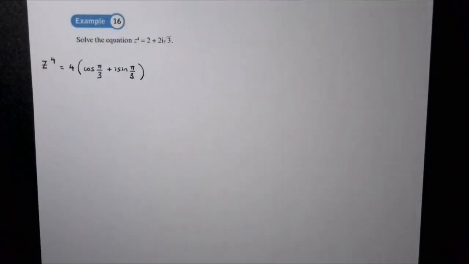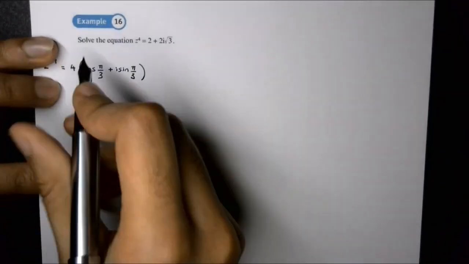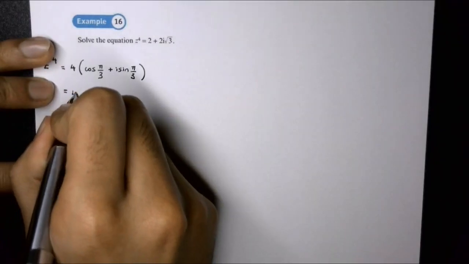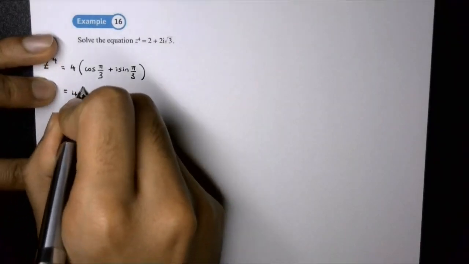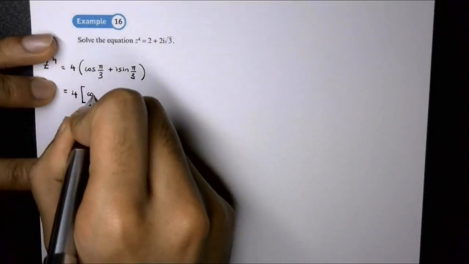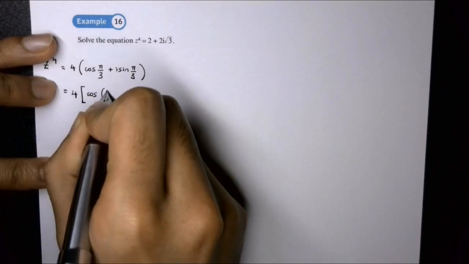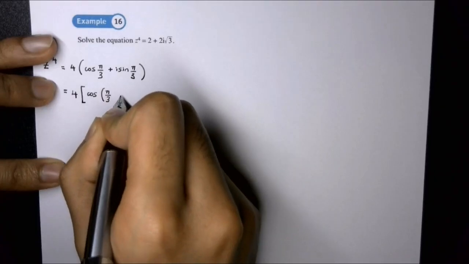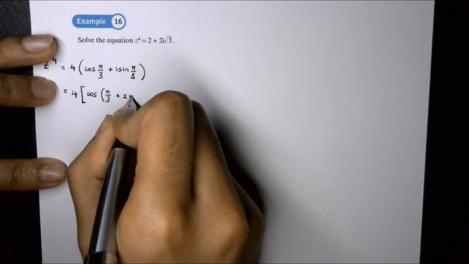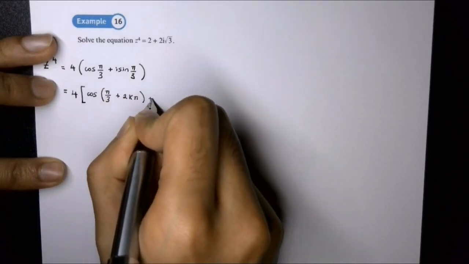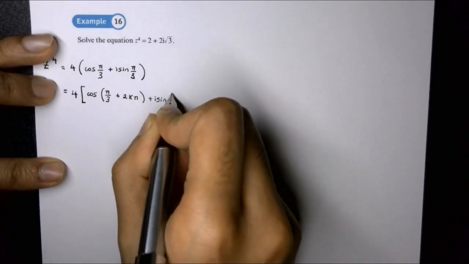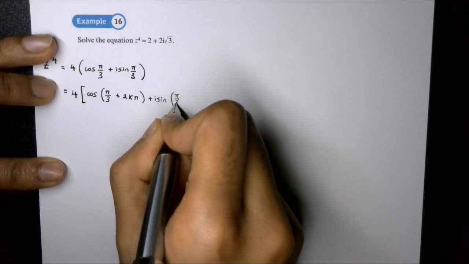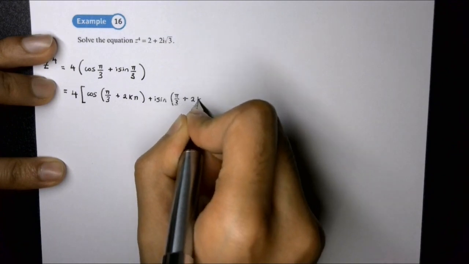So when we do that, we have over here 4 multiplied by the cosine of pi over 3 plus 2k pi plus i times by the sine of pi over 3 plus 2k pi.